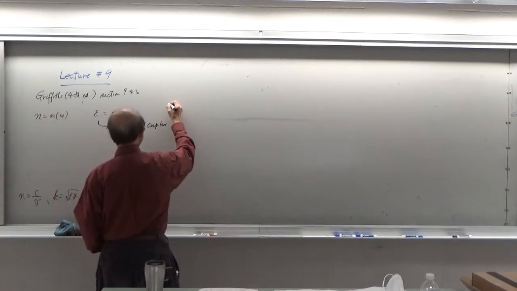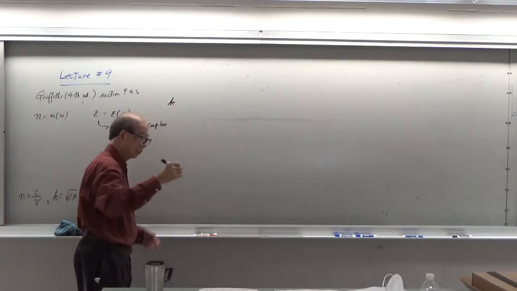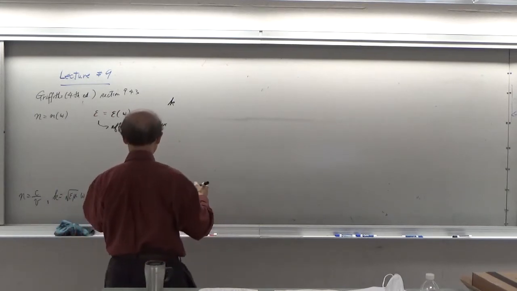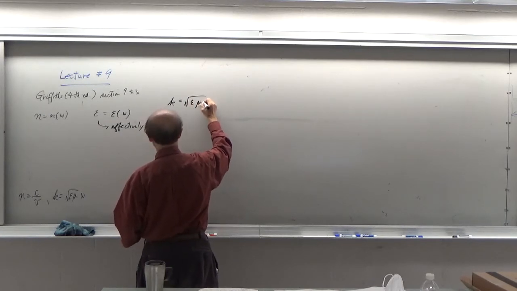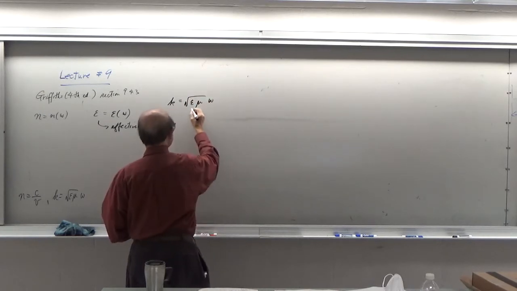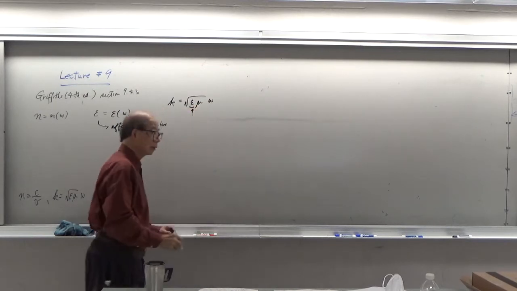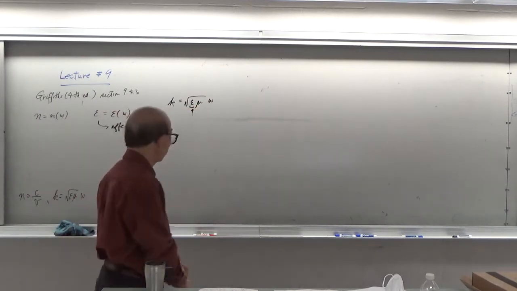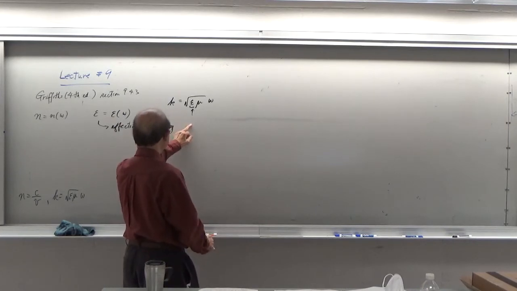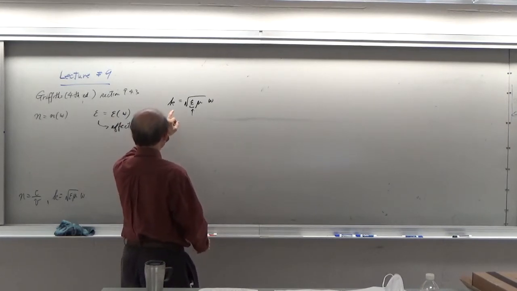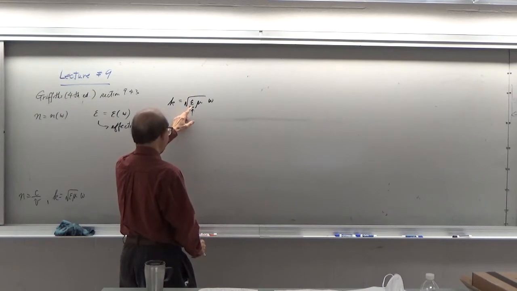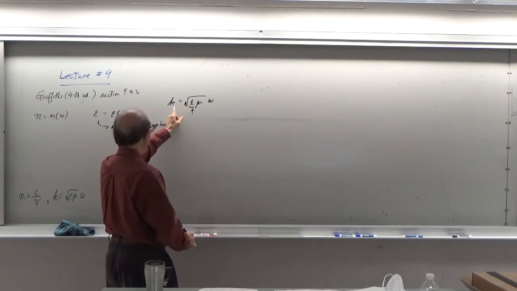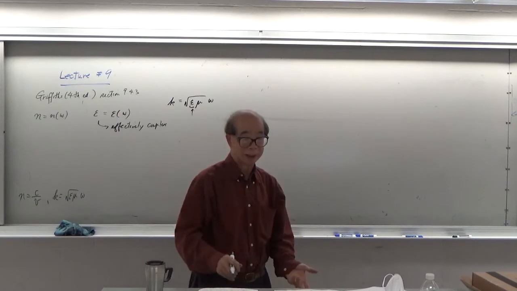And since a wave number for a wave with frequency omega is given by square root of epsilon mu times omega, if the permittivity is dependent on omega, then k of course would depend on omega. And since this permittivity is complex, k, the wave number, is complex.